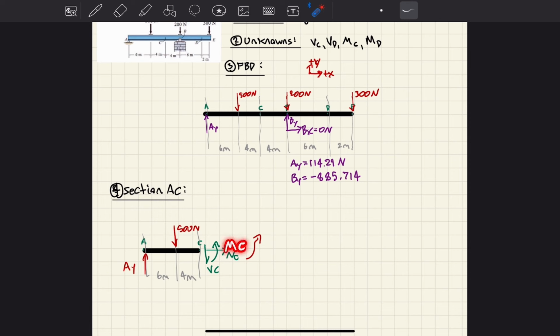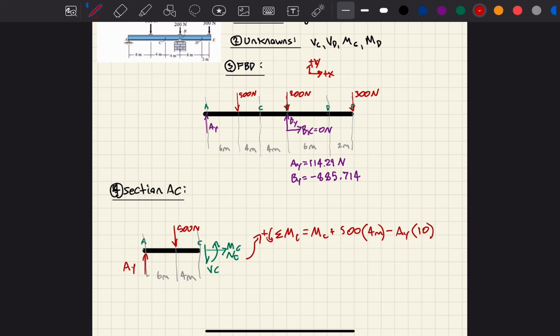So I'm going to include all 3 of those in my calculation. Saying counterclockwise is positive, I'm going to have MC plus 500 times 4 meters, and then minus AY, which I know is 114, but I'll just keep it as AY, times 10 meters.